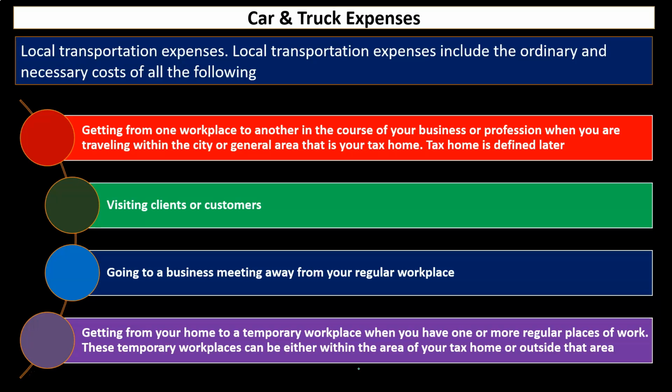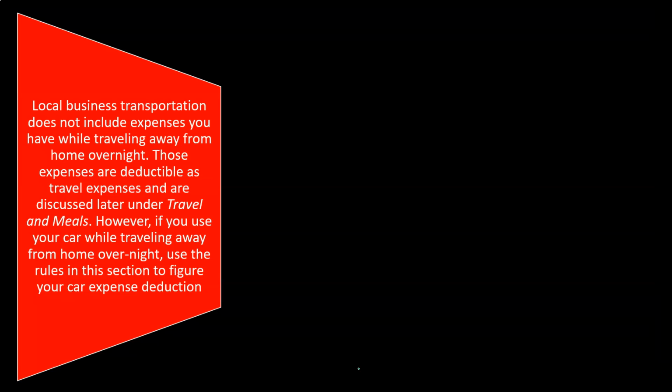These temporary workplaces can be either within the area of your tax home or outside that area. So now you're going to a workplace, and the question is whether it is your primary workplace or not. If it's a temporary workplace, then you could count those miles as something that may be deductible. If it were your primary workplace, you might be commuting and therefore possibly not included as something deductible for the cost of that driving.